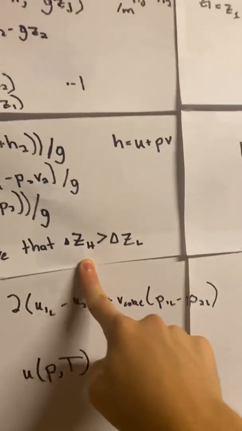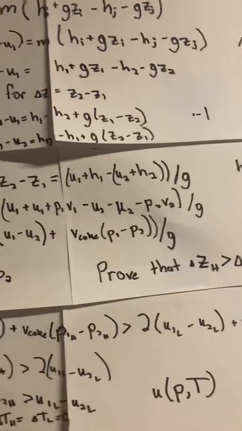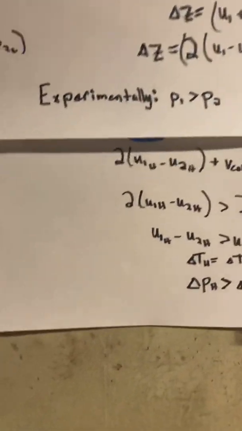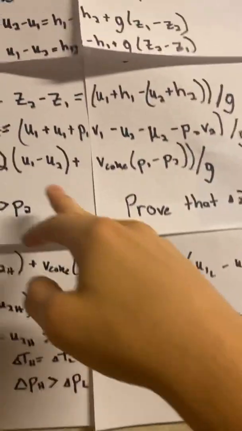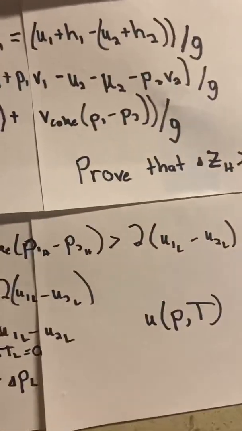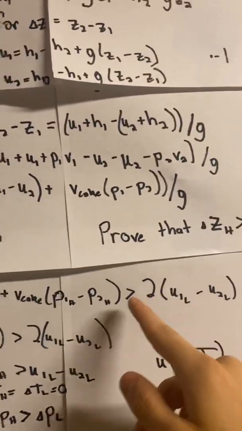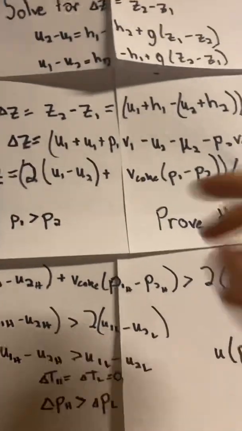And now we want to prove that our delta Z of the hot is greater than delta Z of the low. So we're going to start by writing the equations with subscripts for both as required and multiplying out the G because that's a constant between the two.